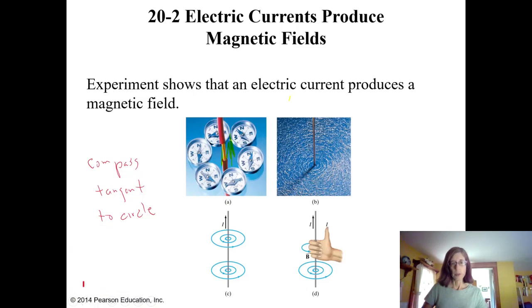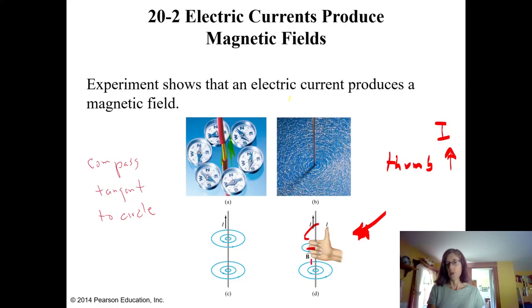And this is an important rule because it tells you, and down here is showing this right-hand rule, if you take your right hand and point your thumb in the direction of the current, that's the current direction, I direction, and you curl your fingers of your right hand around, in this case, this wire, this gives you the direction of B. And we'll talk a little bit more about magnetic fields, this term B. It tells you the direction of the magnetic field.